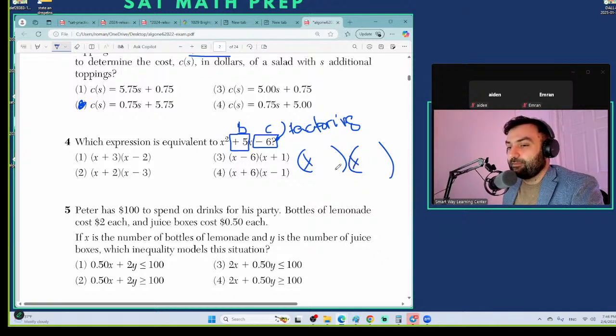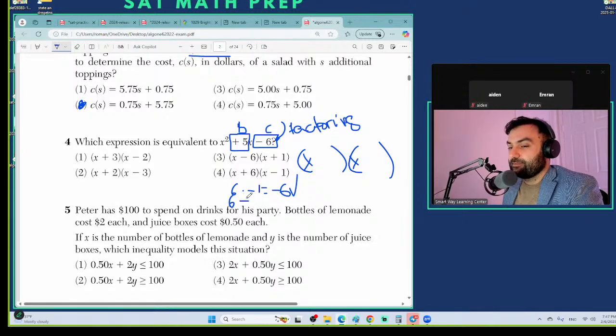These two numbers are negative 1 and positive 6. Why? 6 times negative 1 is negative 6. Checks. We have negative 6.